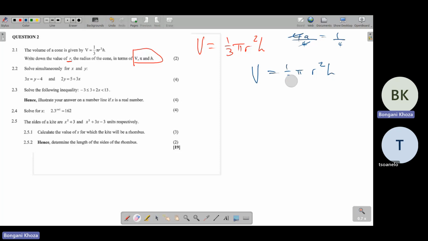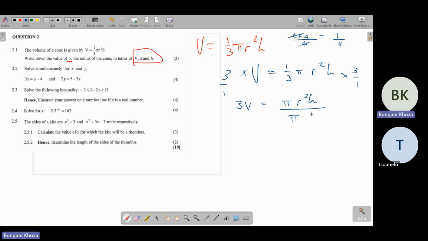To simplify things, we can first get rid of this 1 over 3 by multiplying by its reciprocal, which is 3 over 1, both sides. So multiply by 3 over 1 both sides, we end up with 3V equals pi r squared h. Then we try and get rid of this pi and h value.